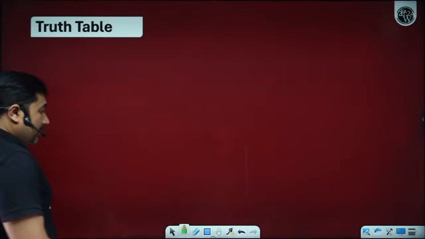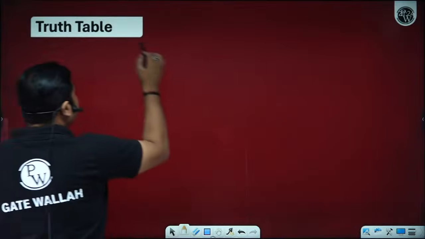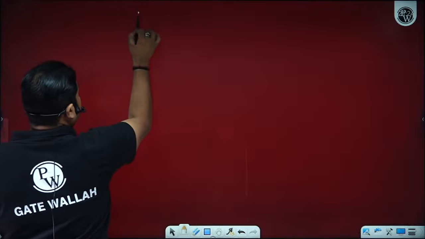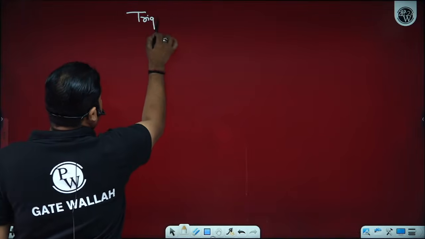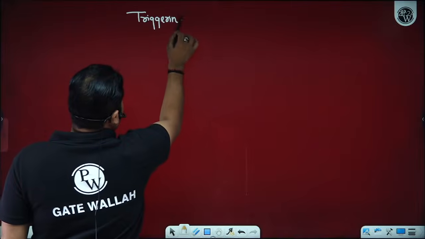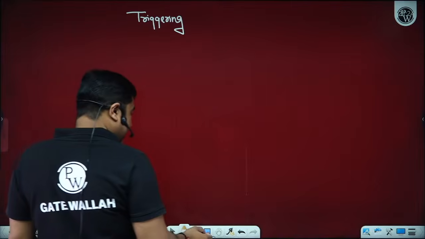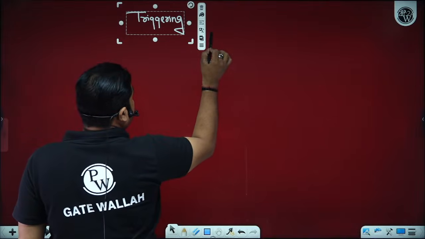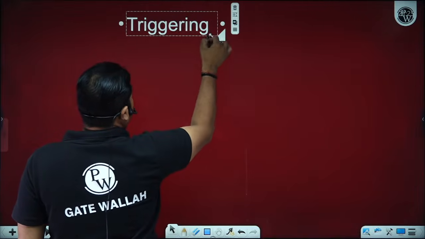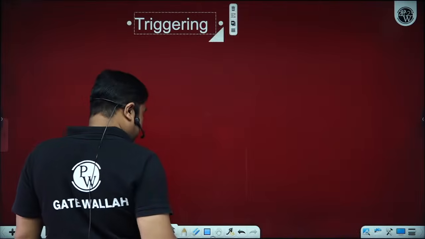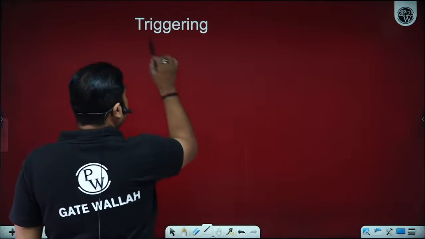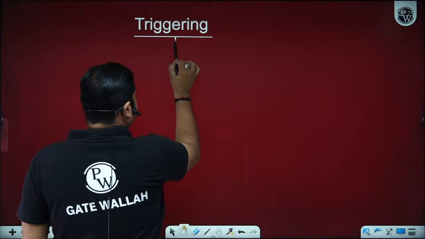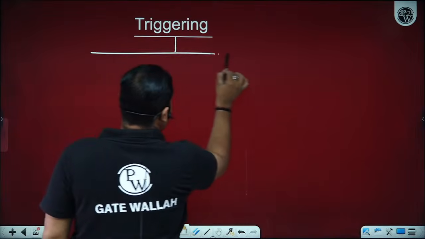Now what is edge triggering? Please observe, beta ji. If we talk about triggering, triggering is basically of two types.